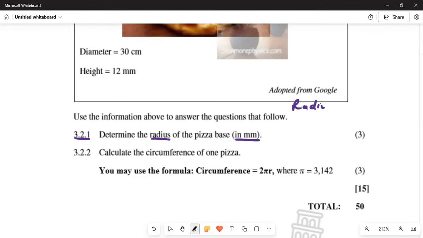The radius is equal to diameter over 2. All right. Then we say 30 divided by 2.